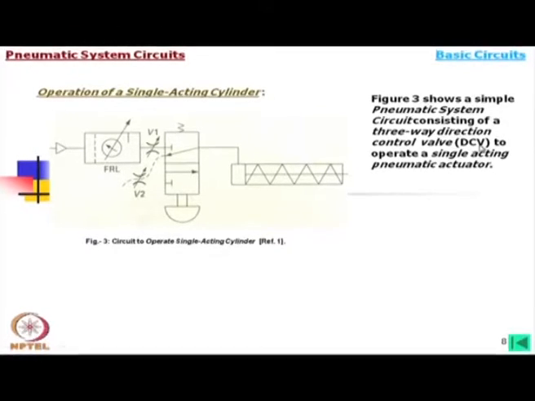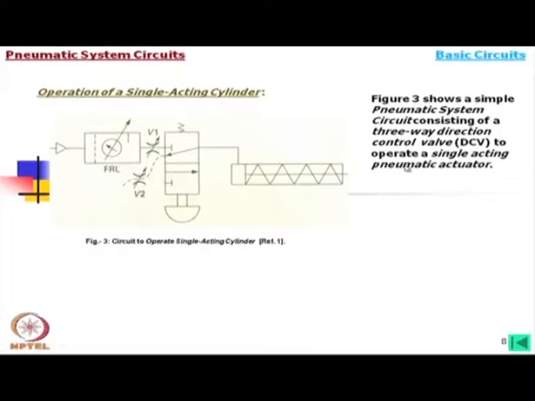Usually there is no harm, you can use capital D and C, but in pneumatics it is normally called DCV. We should not say DCV valve, we call it DCV, direction control valve. Now, this direction control valve normally remains in this position. That means, the air from this piston end is going to the atmosphere.